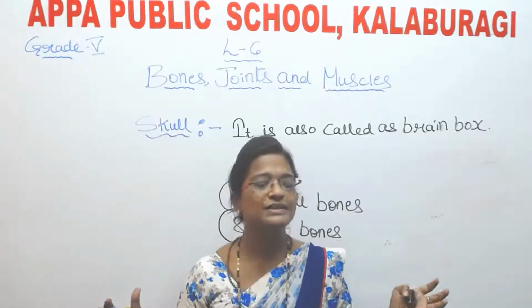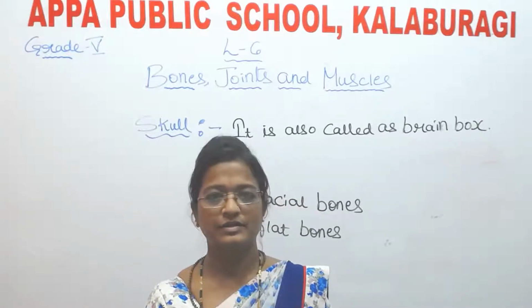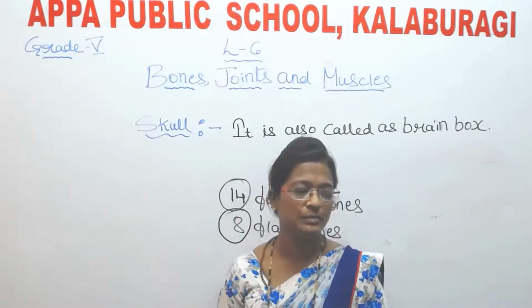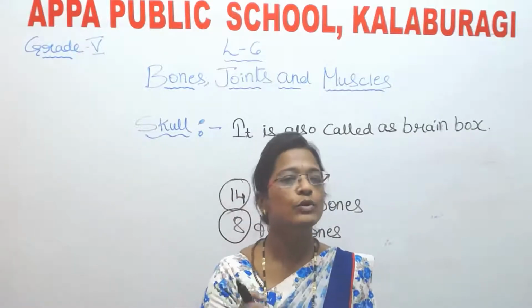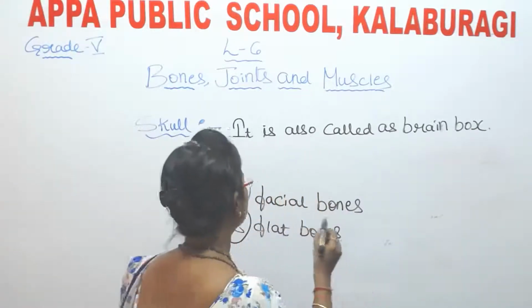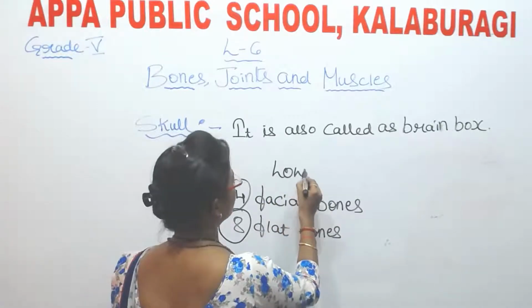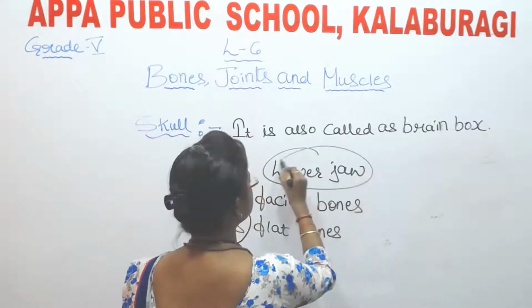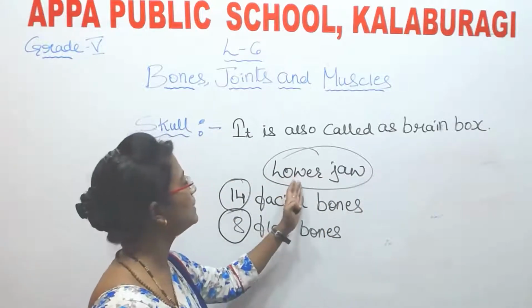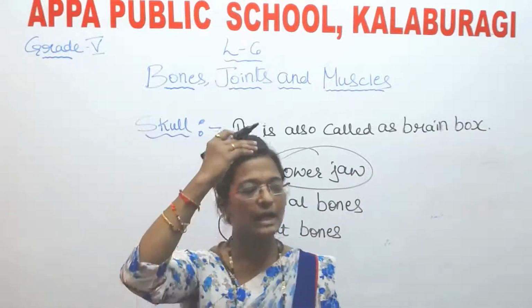These bones are interlocked, so they are not movable, right? In the whole skull, the only movable bone is in the lower jaw. We can see the movable bone only in the lower jaw, not in the upper jaw, right?